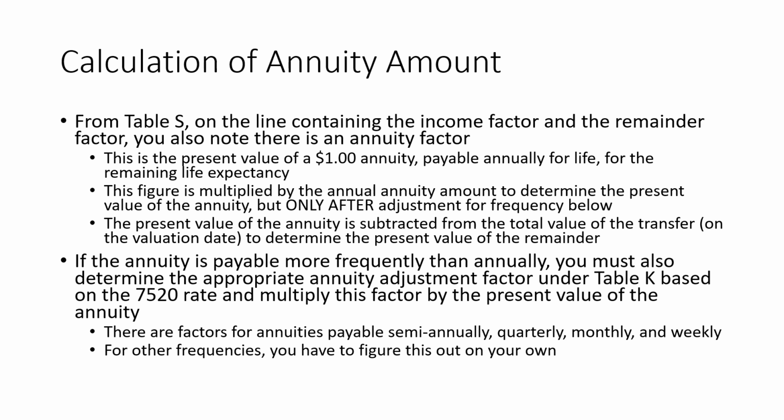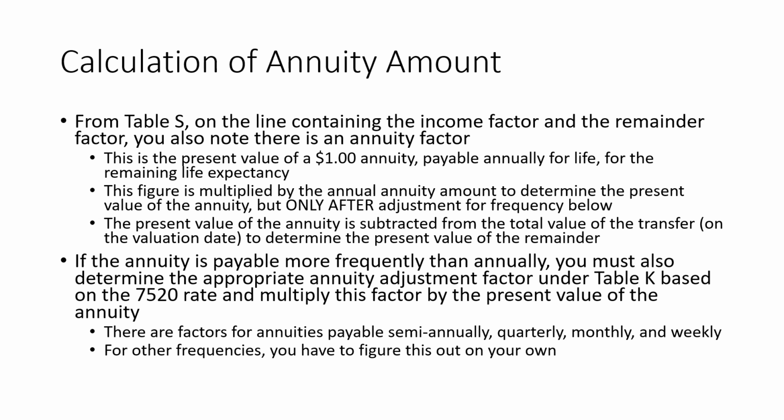And with that present value figure too, you can subtract that from the total value of the trust or the transfer or whatever to determine the present value of the remainder. There's no convenient factor to determine the remainder. It's more just taking the present value of the annuity and then backing that out from the value of the trust.